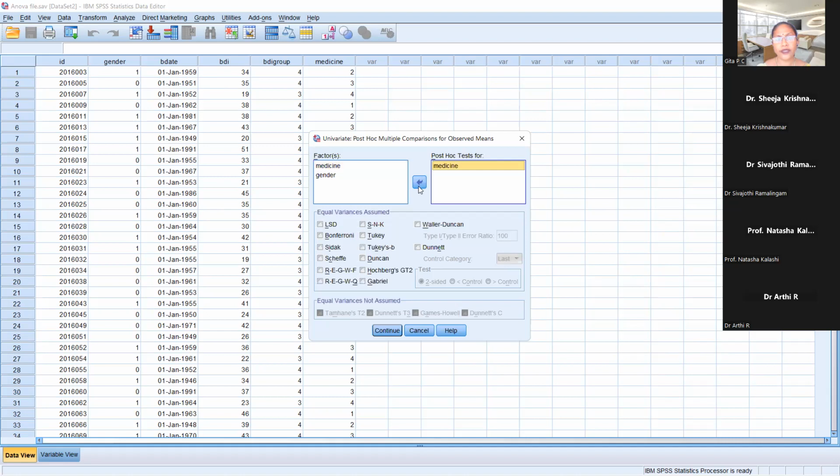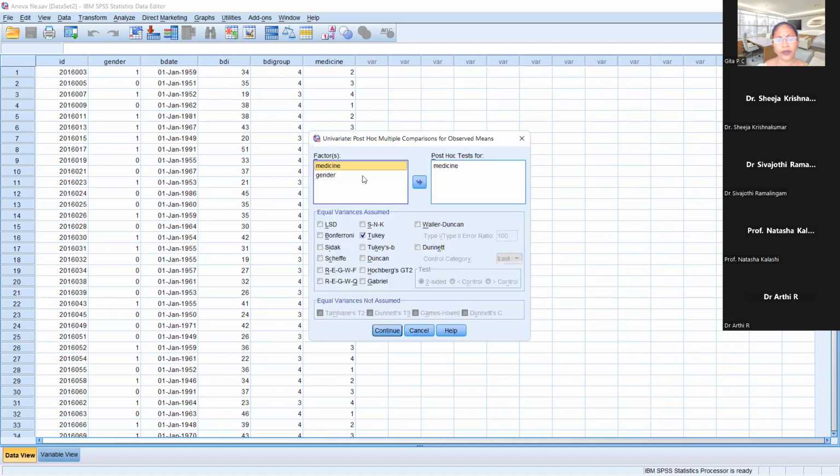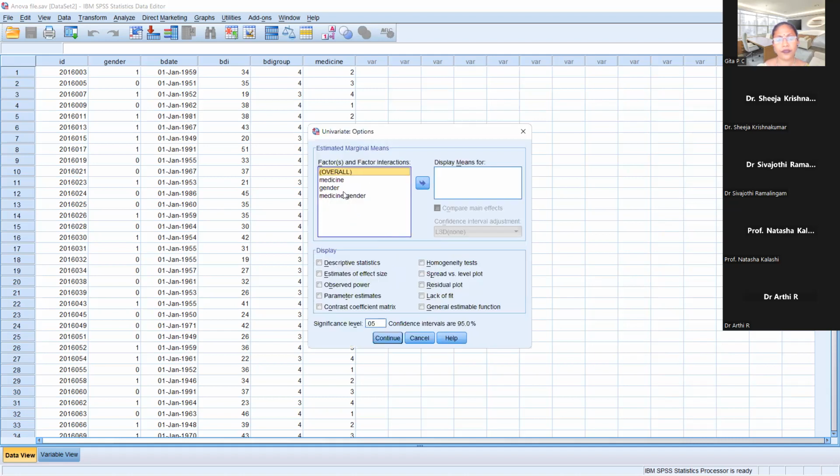Go to Post Hoc. Do the post hoc test for medicine, Tukey. Continue. I'll go and put even gender. Options. So all the three: display means, descriptive statistics, homogeneity test.